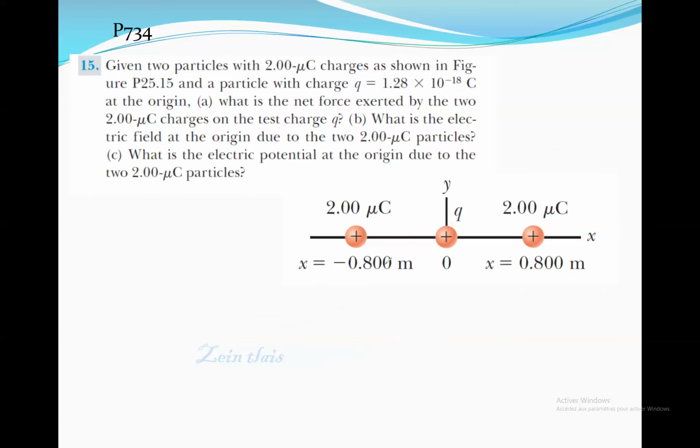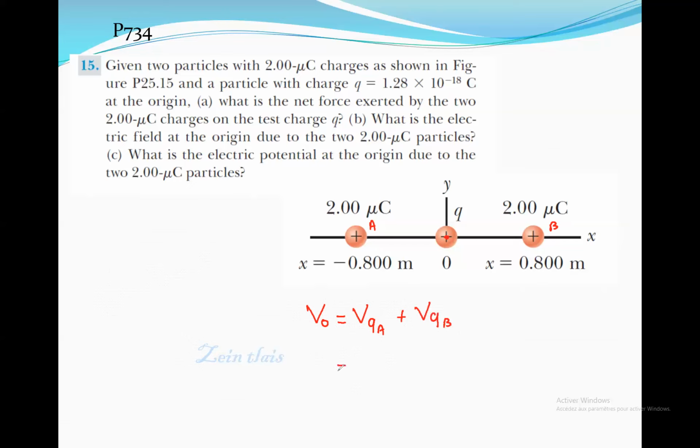I want to calculate the total potential at the point O. So V at the point O equals V created by QA plus V created by QB at the origin.